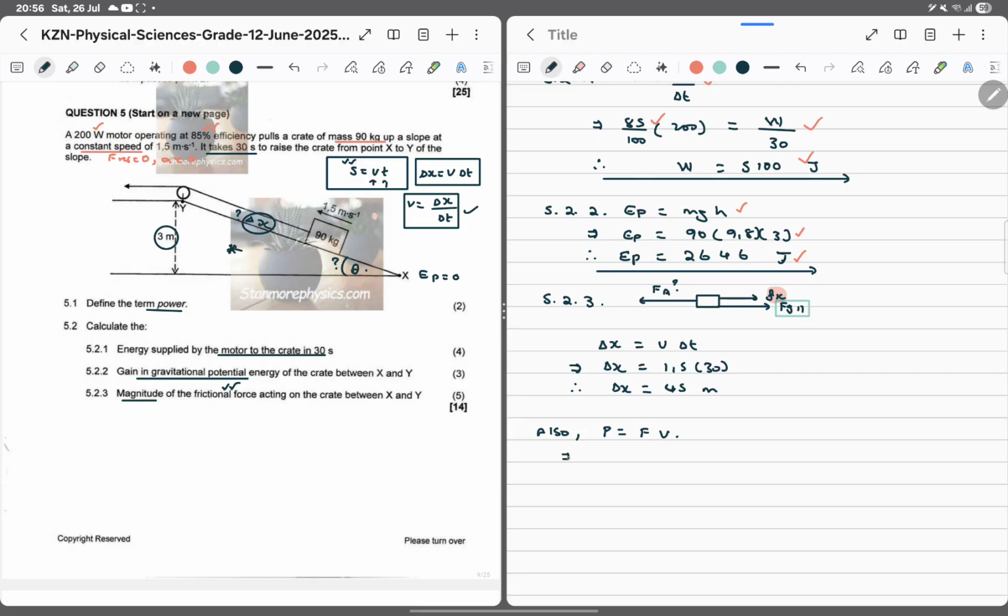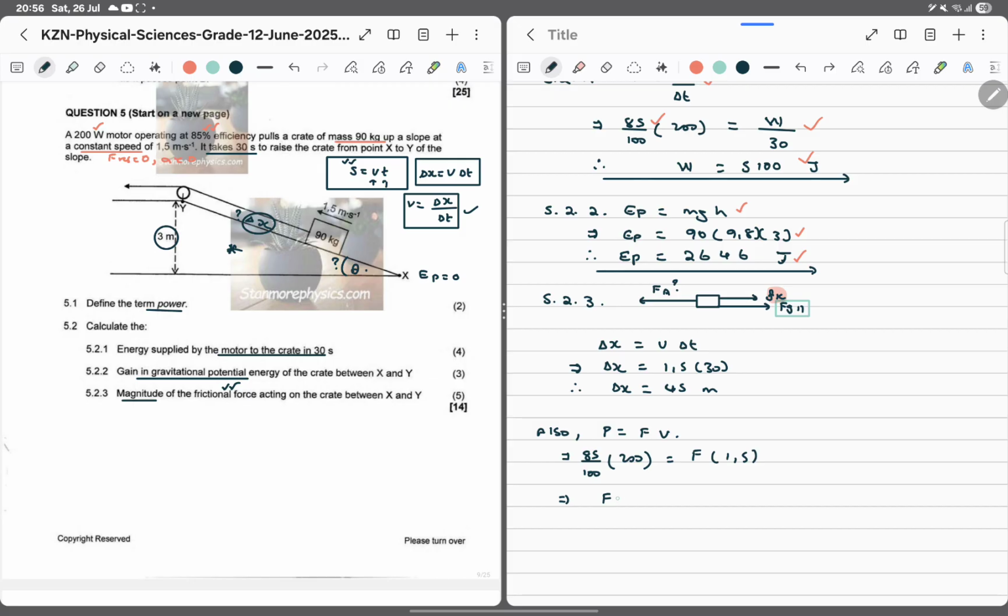So we can say we were told this is 85% efficient. So this is 85 over 100 times 200. We want the force, but the velocity we're told is 1,5. So this implies that our force, maybe we can say FA, it doesn't really matter, guys.